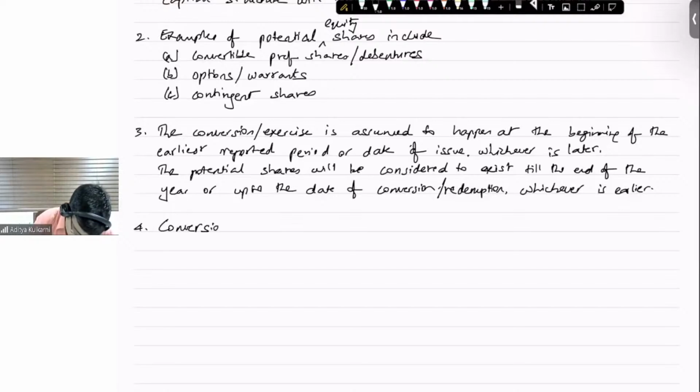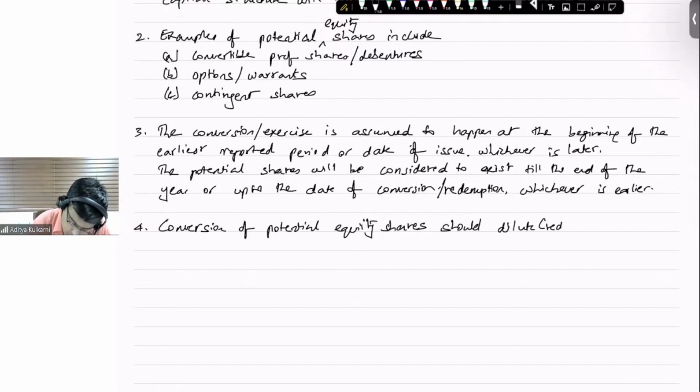Conversion of potential equity shares should dilute, that is, reduce the EPS.